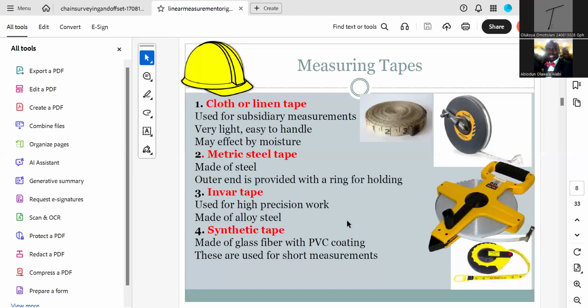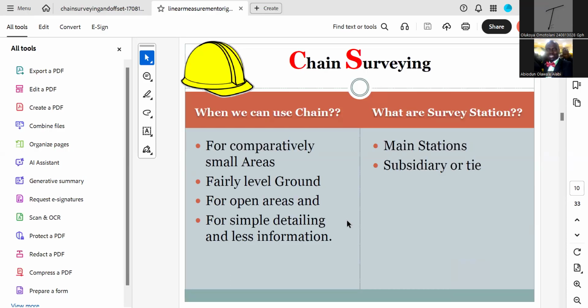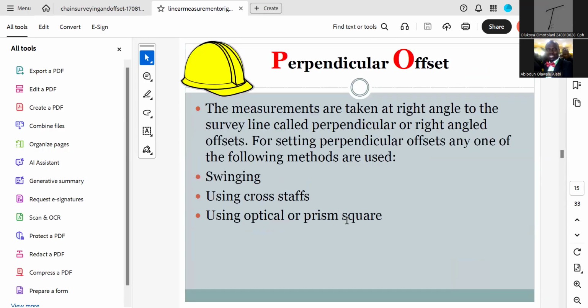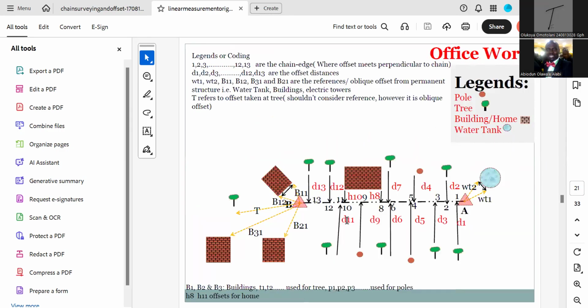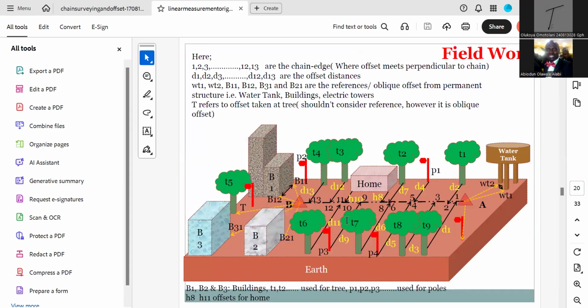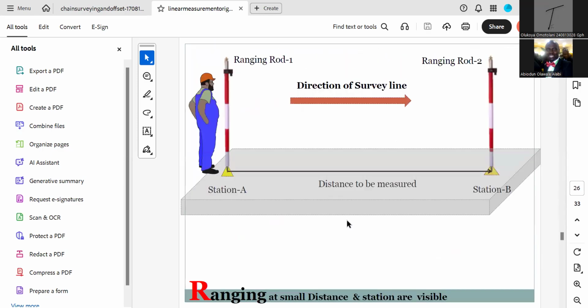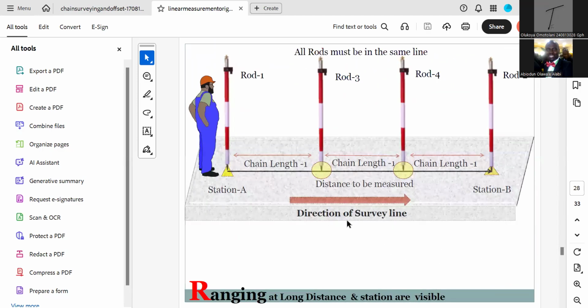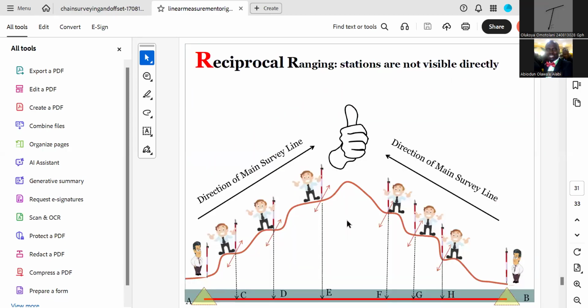The measuring tapes, the types that we have, are based on the material used to manufacture them. I've explained wedging for you. This is another slide talking about direct ranging and reciprocal ranging.